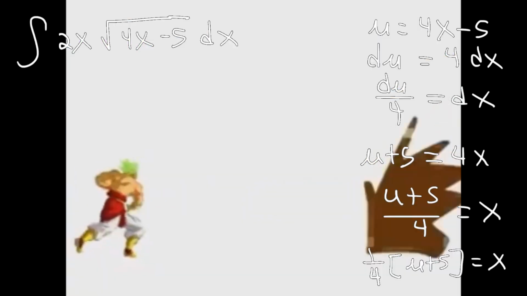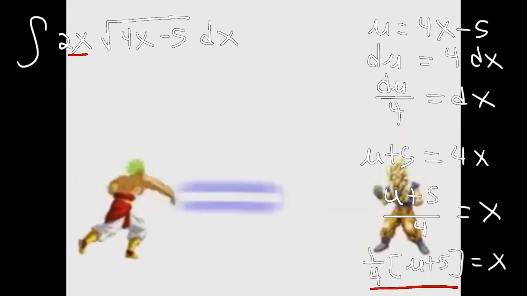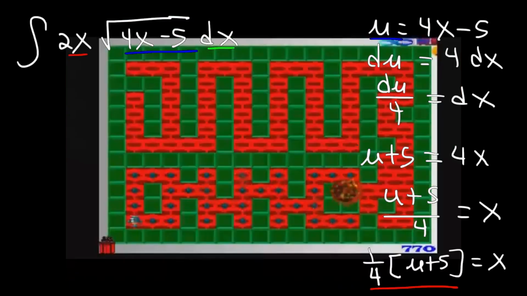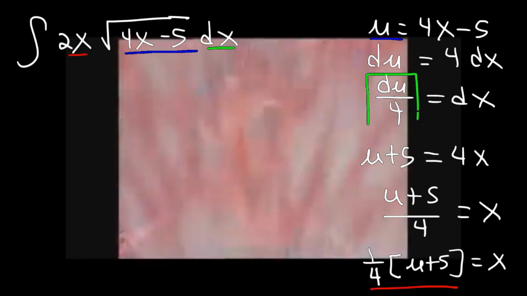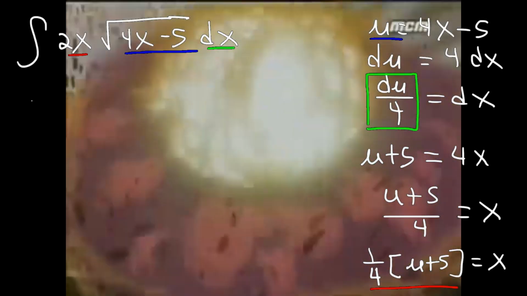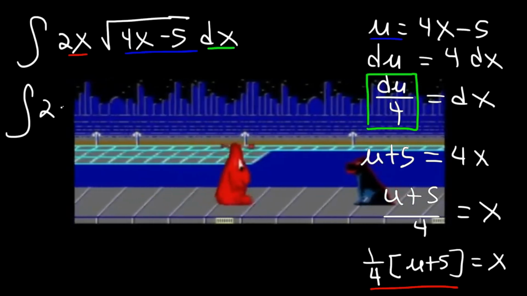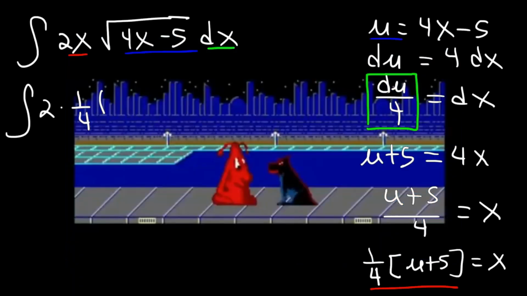So let's replace x with this expression, and then 4x minus 5 with u, and then dx with du over 4. So what we have is 2 times 1/4 (u plus 5), and then the square root of u, or u to the 1/2, and then dx is du over 4.